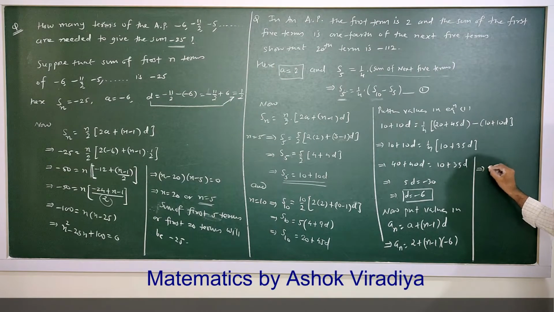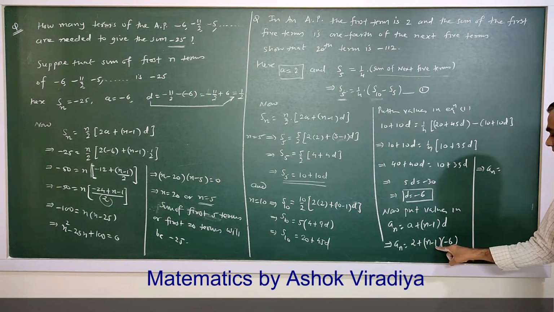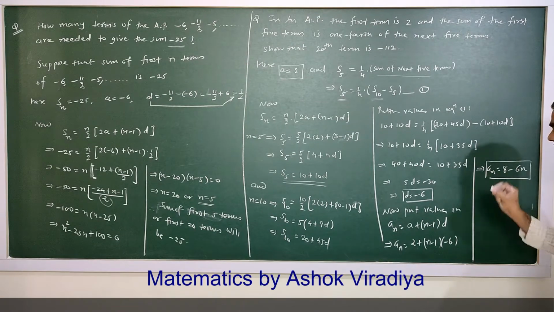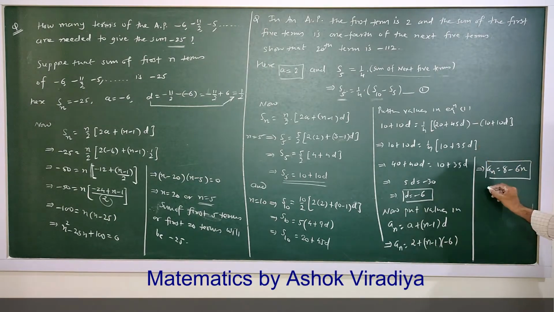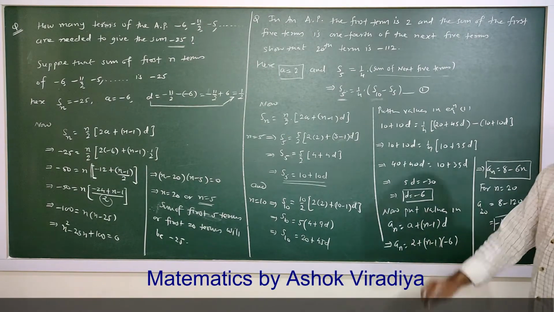So an is 2 plus 6, that is 8 minus 6n. This is the formula for the nth term. Now we want the 20th term. For n equal to 20, the 20th term is 8 minus 6 into 20, which is 120. So it is minus 112. This is the required value.